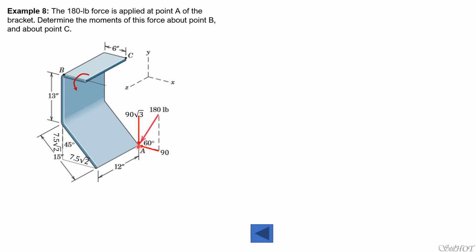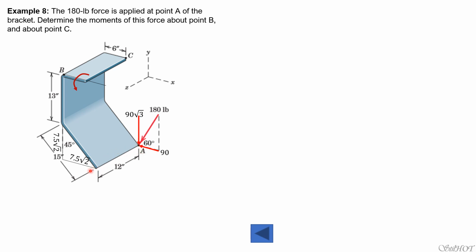The 90-pound force has no moment because it is parallel to Bx, only the 90 square root of 3-pound force. And because the moment of this 90 square root of 3-pound force is opposing this positive direction of moment about Bx, it is negative. The distance between this axis here and the x-axis through A is equal to 12 inches.